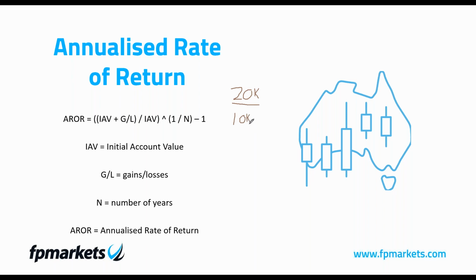Okay, this is our gain over those 4 years. So the calculation to find the annualized rate of return is we sum the 20K to 10K, which obviously is 30K, and then we divide that by the initial account value of 20K to get 1.5, if my maths is correct.